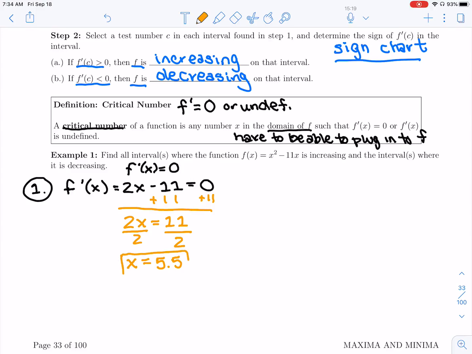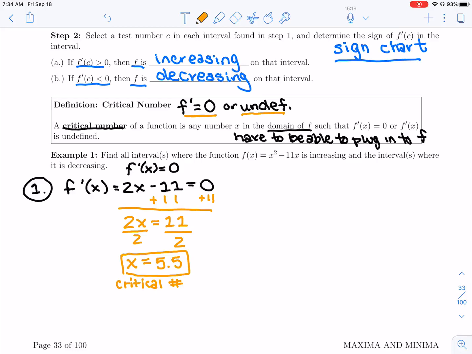So this x equals 5.5 is super special. It makes the derivative 0. What do we call something that makes the derivative 0? It's a critical number. So we want to call it what it is. It makes the derivative 0, so it's automatically a critical number. If it made the derivative undefined, it could still be a critical number as long as it's in the domain of f.